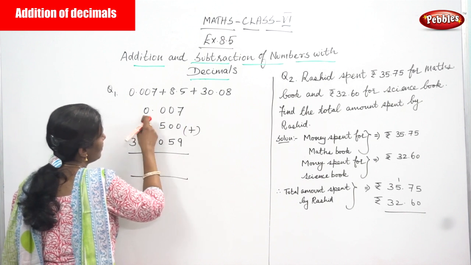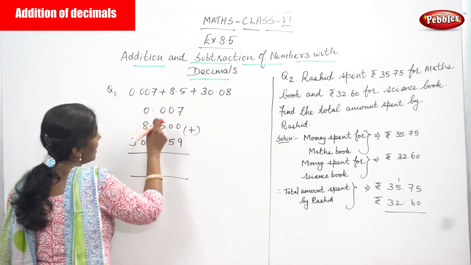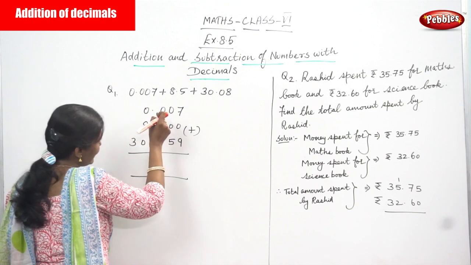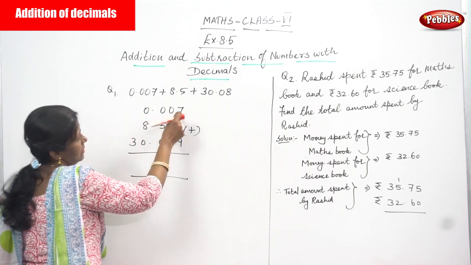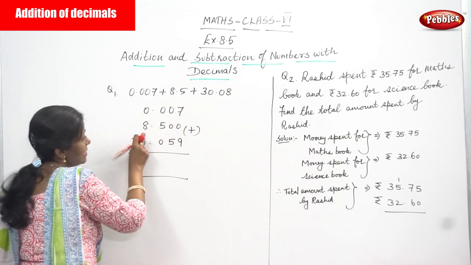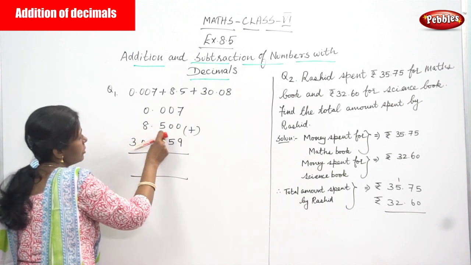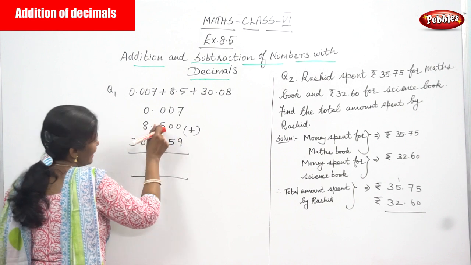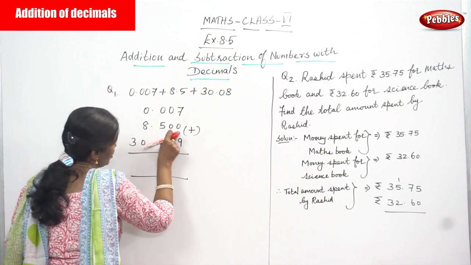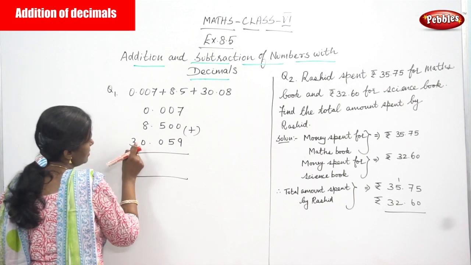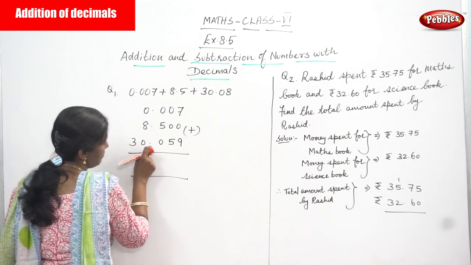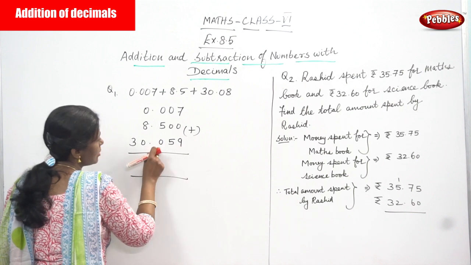0.007, this is a whole number, and 8 is a whole number. After the point we call the places tenths, hundredths, thousandths. So 8 is in the ones place, and after the point this is tenths and hundredths, this thousandths. And 30.059, this is tens and ones, and after the point 059.